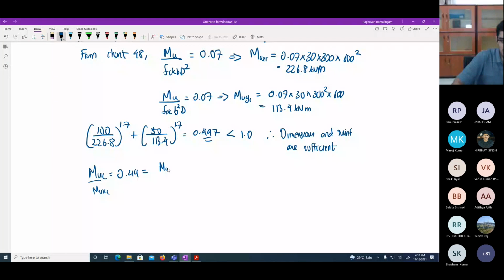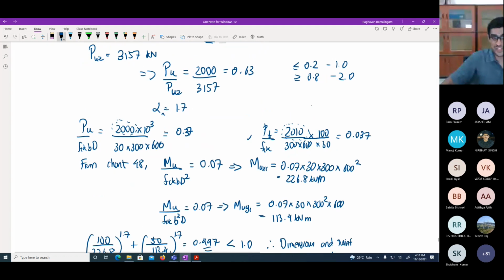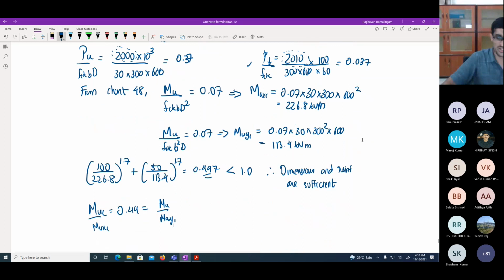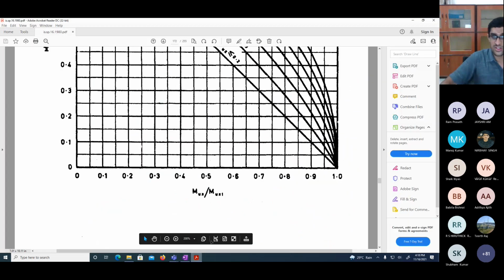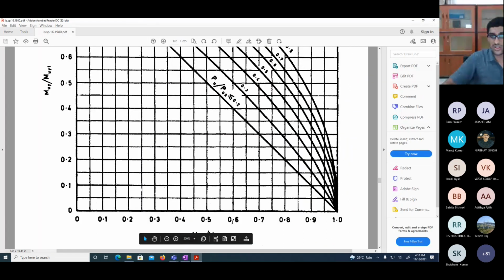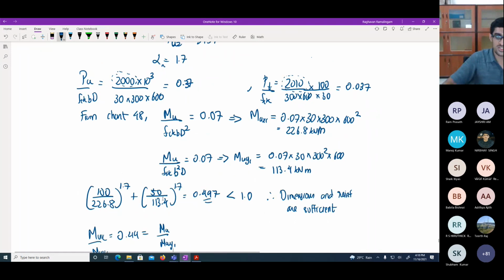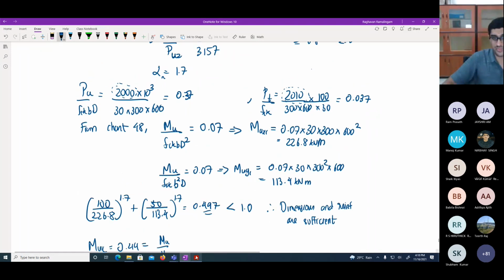Muy by Muy1 also comes to the same value in this case, so this is 0.44. My Pu by Puz is 0.37.